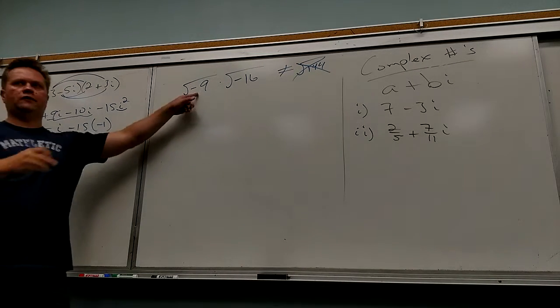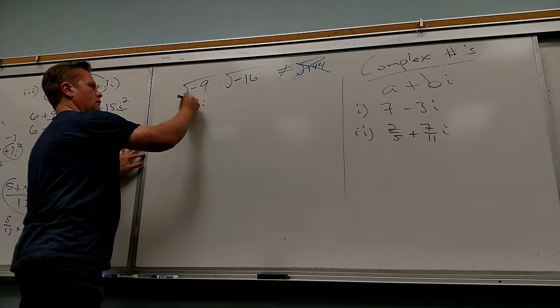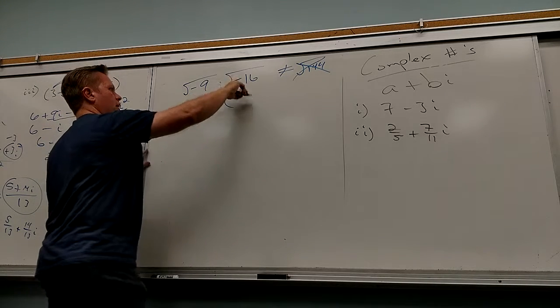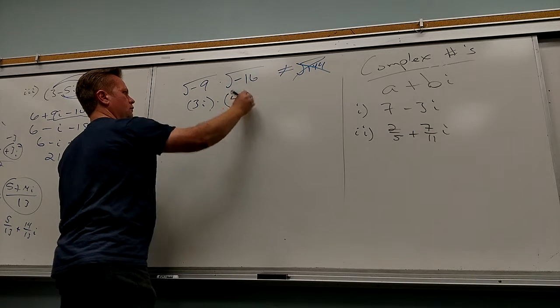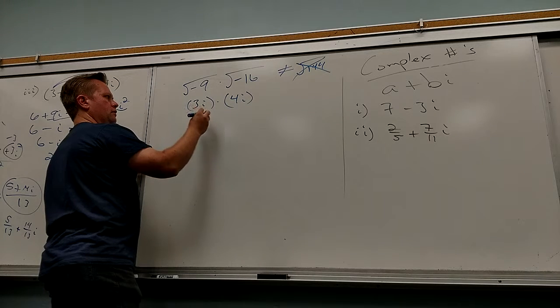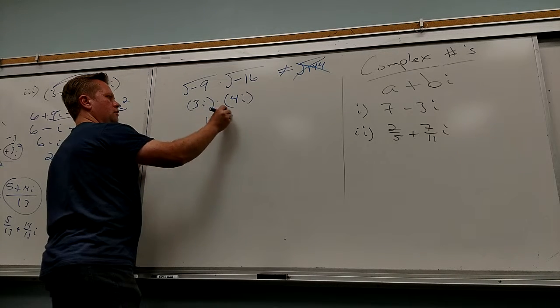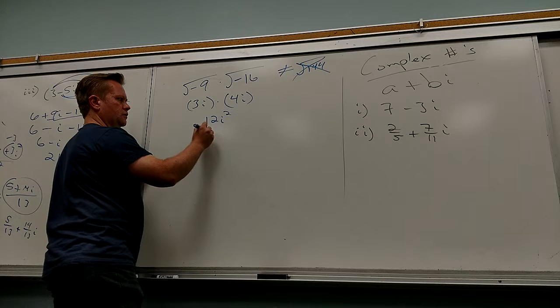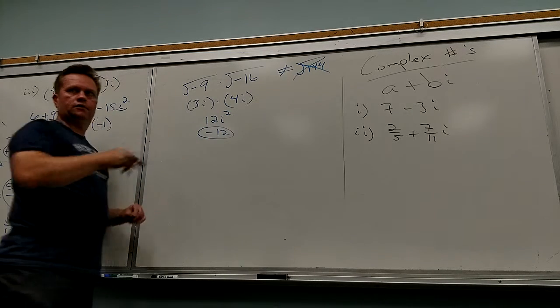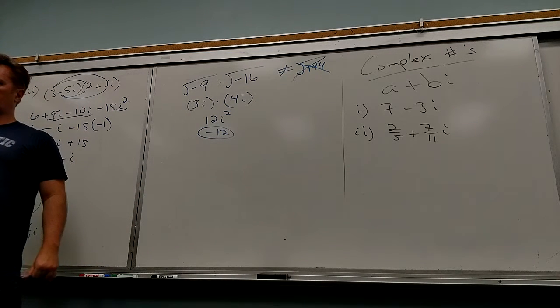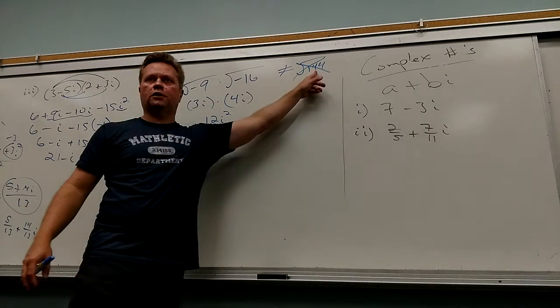What is the square root of negative 9? And what is the square root of negative 16? And what's 3i times 4i? And what's i squared? That's the right answer. So it's not positive 12, it's negative 12.